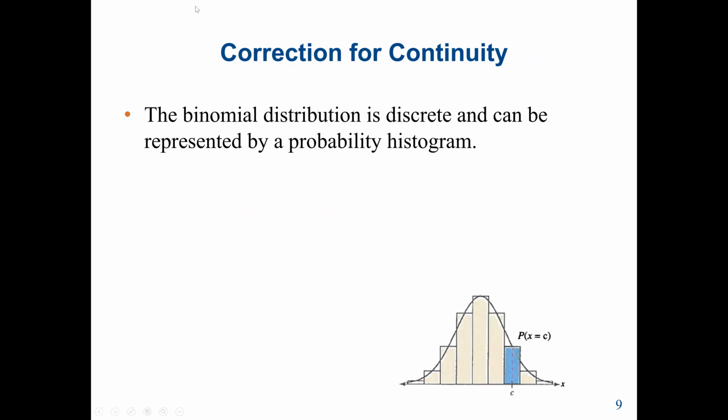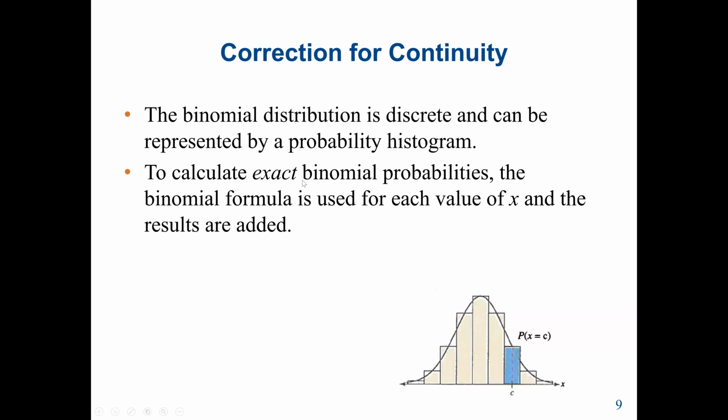Now let's move on to the correction for continuity. Here we say the binomial distribution is always discrete, and we know the normal distribution is continuous. So a binomial distribution is discrete and can be represented by a probability histogram.